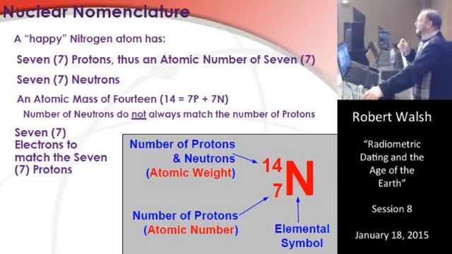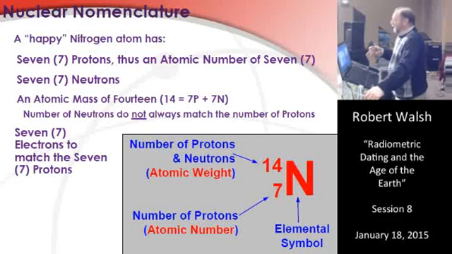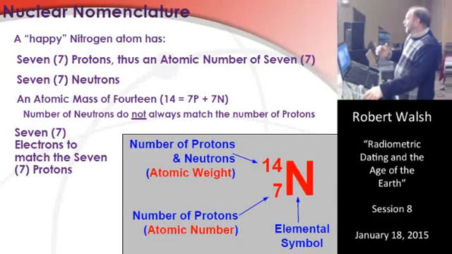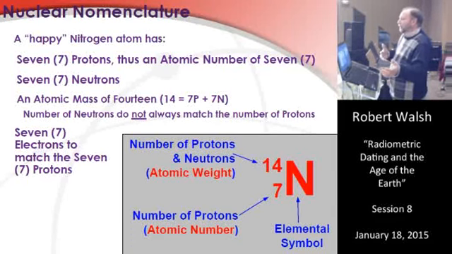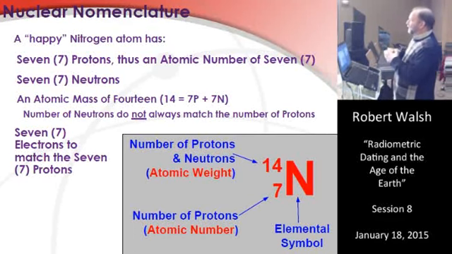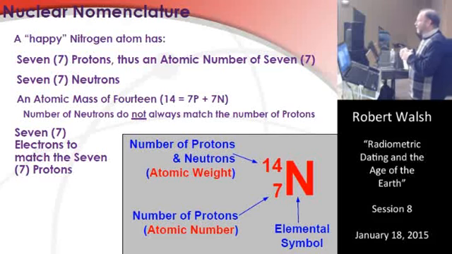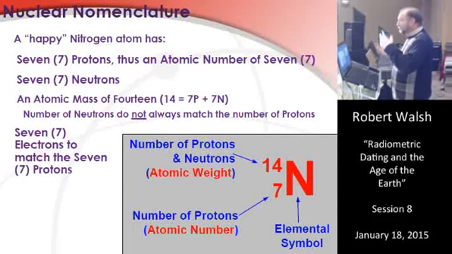Now, what we're going to see tonight when we get into some of these heavier elements that decay, you might think all elements are simply doubling one of the protons or one of the counts on the neutrons, right? If you have 25 protons, that means you're going to have an atomic weight of 50, right? Well, once you get to the higher masses, it doesn't quite work that way, and you no longer have 7 and 7 or 35 and 35.